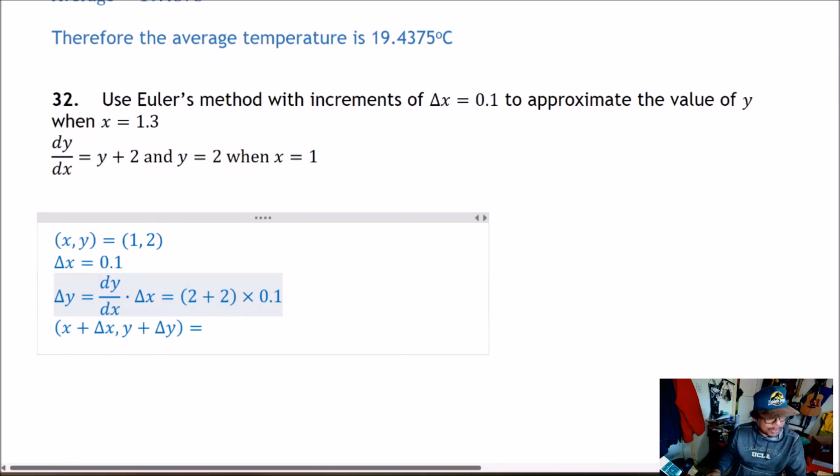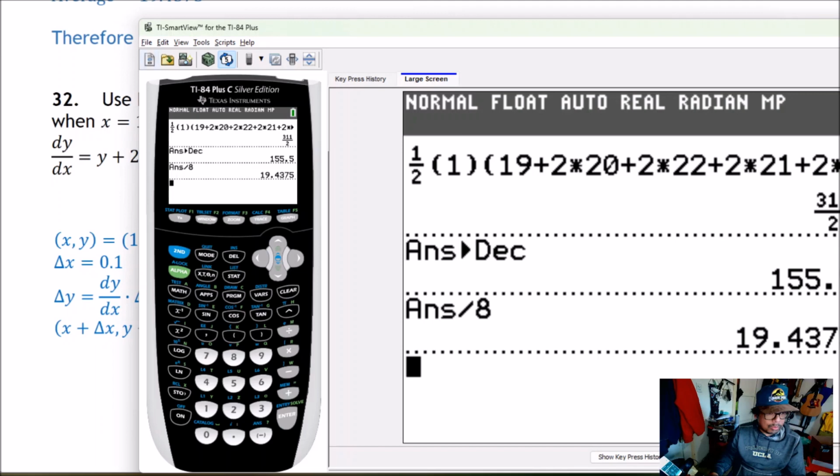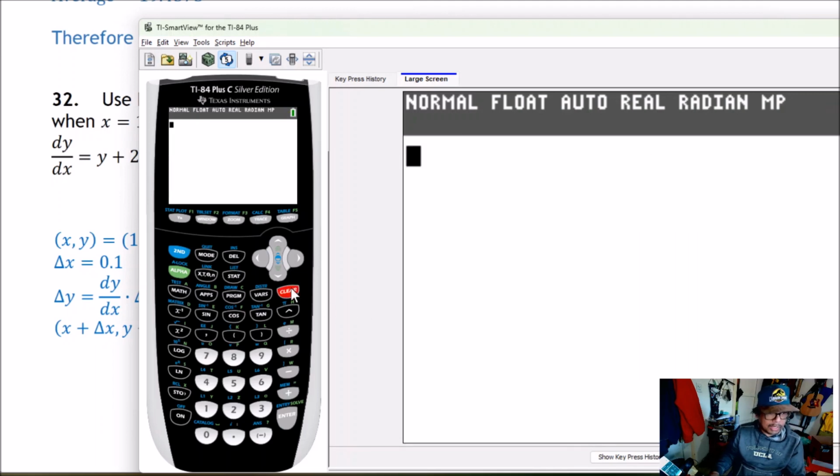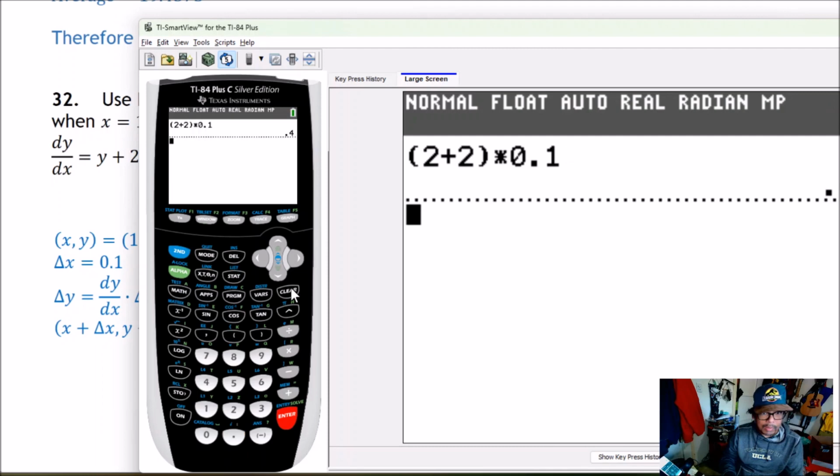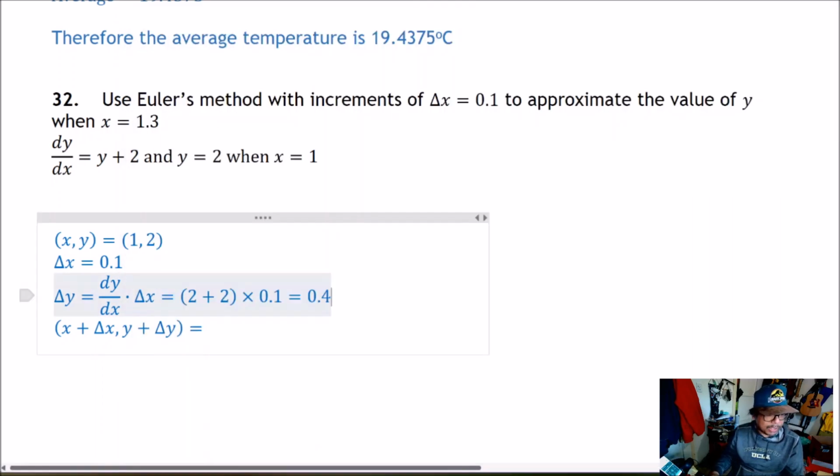So this is 2 plus 2 multiplied by 0.1, so I believe that's 0.4, but I'm going to check it with my calculator because this is the calculator section. So we'll calculate 2 plus 2 multiplied by 0.1, and that is 0.4 as predicted.